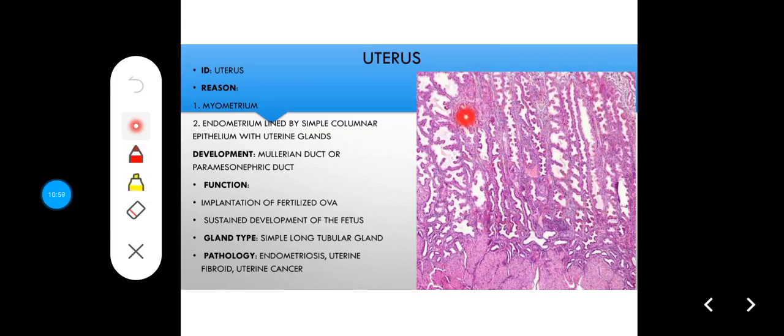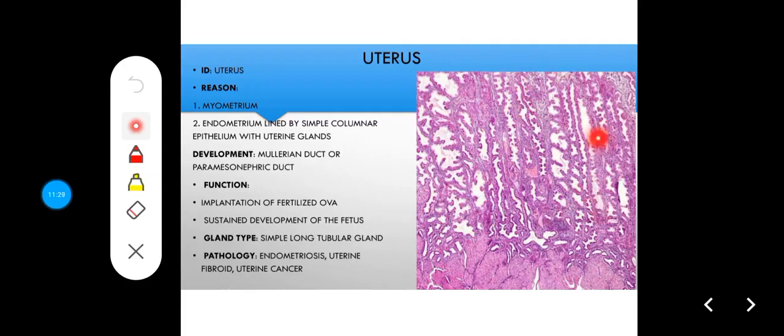The appearance of these glands will vary depending on the phase of the uterine cycle. If you are in the proliferative phase, you find shorter glands. But in the secretory phase, the glands appear elongated, tortuous, and also dilated. The tortuous nature of the glands in the secretory phase gives it this kind of serrated appearance.